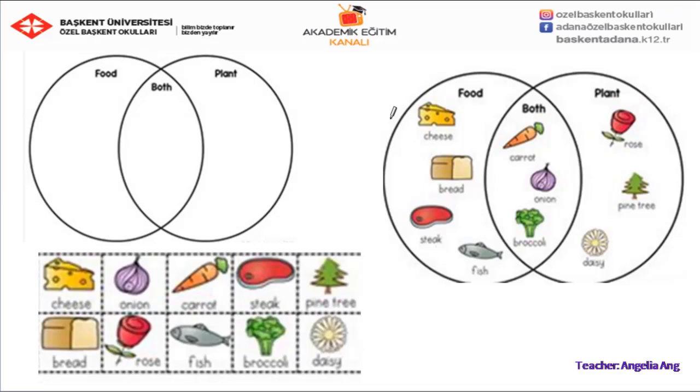Here is another example. This is the data given about food and plant. Let's put this data into the Venn diagram.